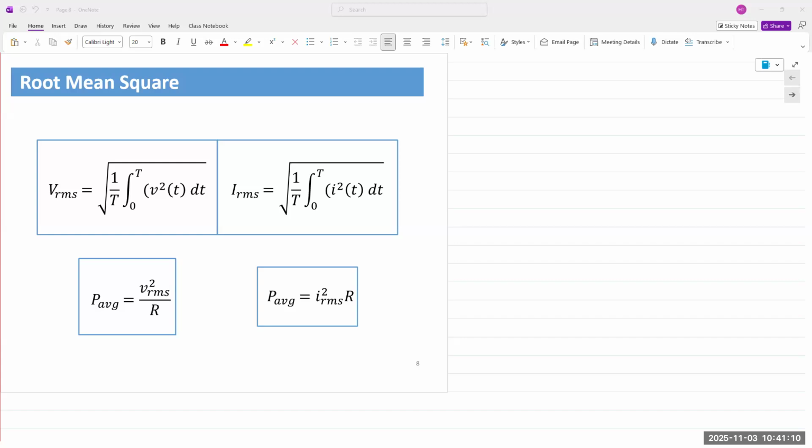Now, instead of DC, if you apply AC, what happens? With AC, it alternates between a positive and a negative peak. The capacitor and inductor will receive energy, and because the input voltage or current is alternating between positive and negative, it will flow out in the next half cycle.